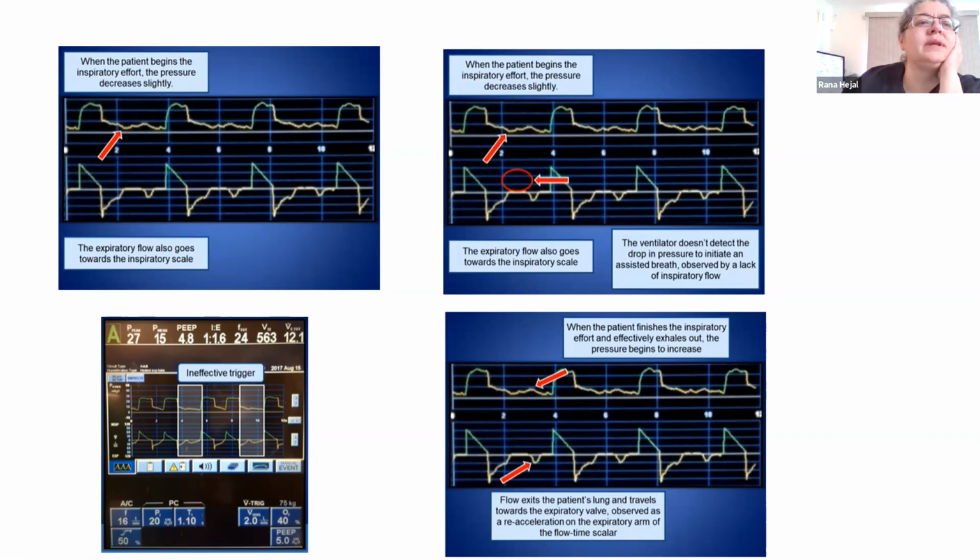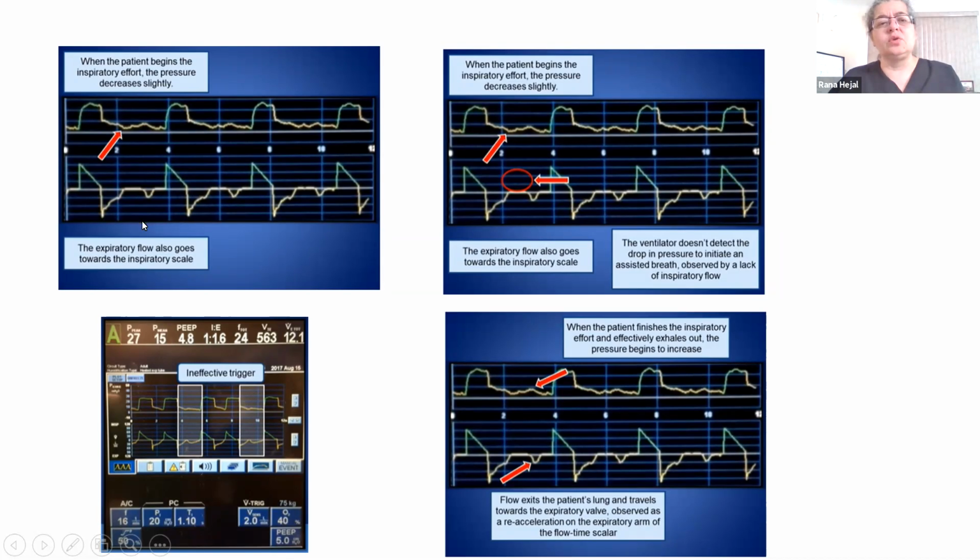Here we show a patient who's getting a breath, but then he tries to trigger, and there is a little bit of a blip here, but the pressure never... I'm sorry, the flow is so little that it cannot really be sensed by the ventilator based on the sensitivity that we have set it at. So you will have these efforts of inspiration and then expiration, but the machine couldn't care less about what the patient is doing.